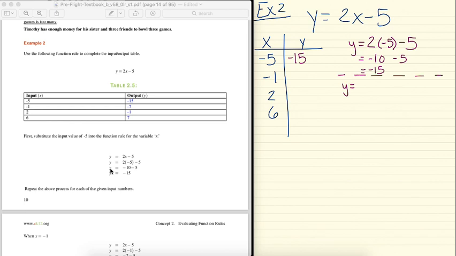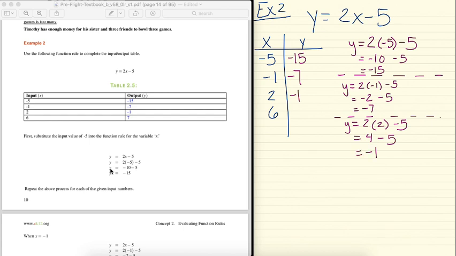Plugging in the value of -1, we'd get -2 minus 5, which is -7. Plugging in the value of 2, we would get 4 minus 5, which is -1.